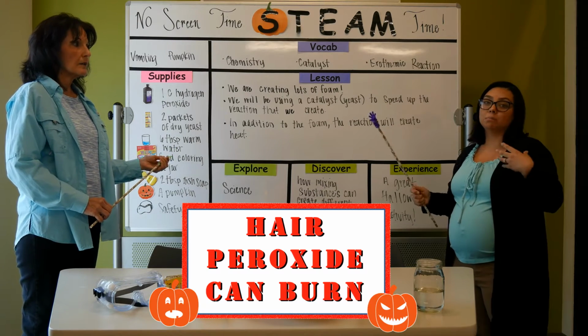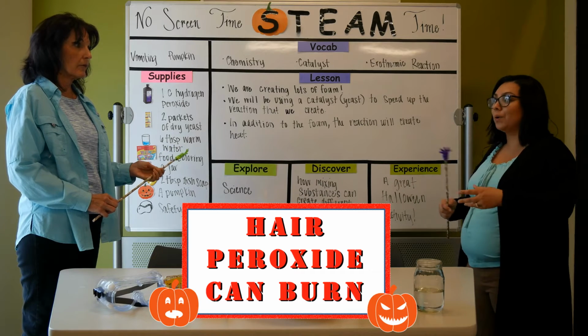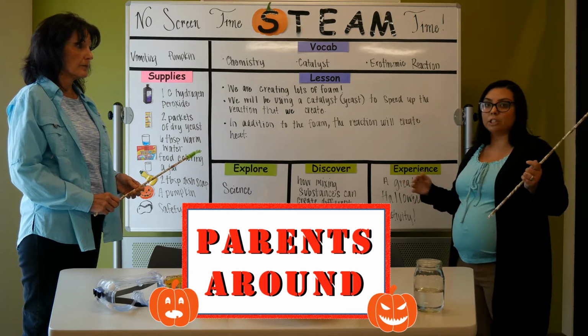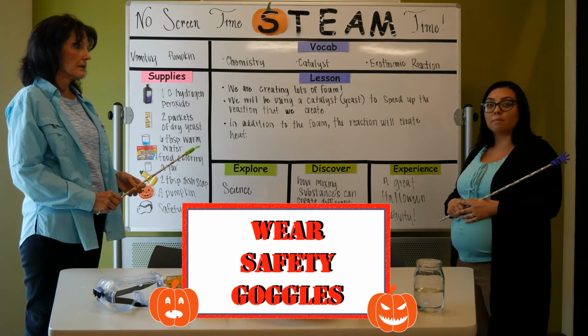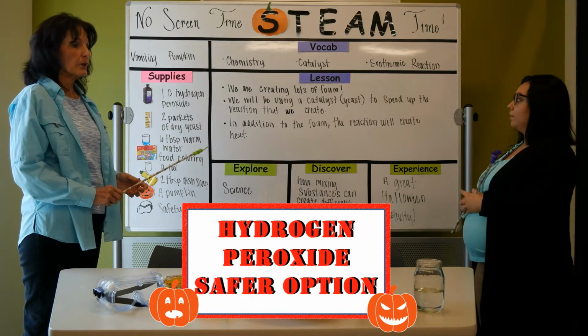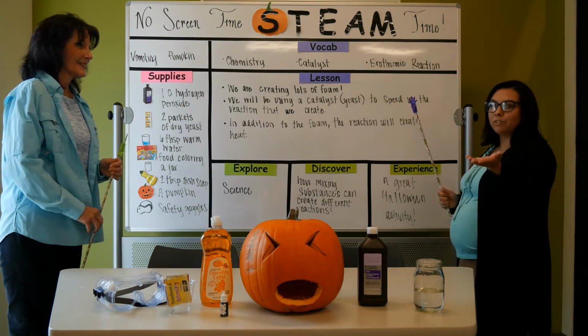So if you're not careful, it can burn. So just be really careful if you do decide to do that. Kids, make sure your parents are around, and make sure you're wearing safety goggles or safety equipment, okay? So we wanted to go for the safer option. And this is probably what most of you guys have.